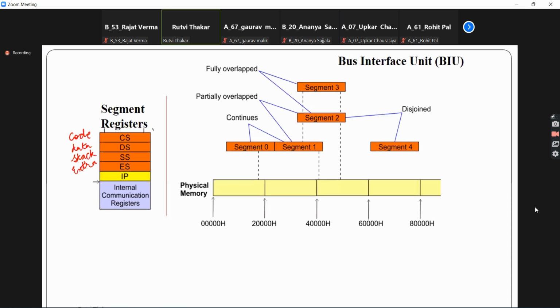For that, we have divided its segments. For the code section we will define a code segment and write down the code. If I want to have some data, I will first define the data. In your Java code or your C code, you first define an integer, not the data type, but you give the variable first.